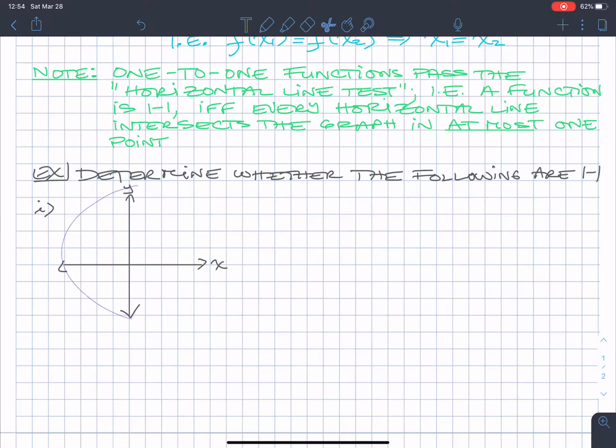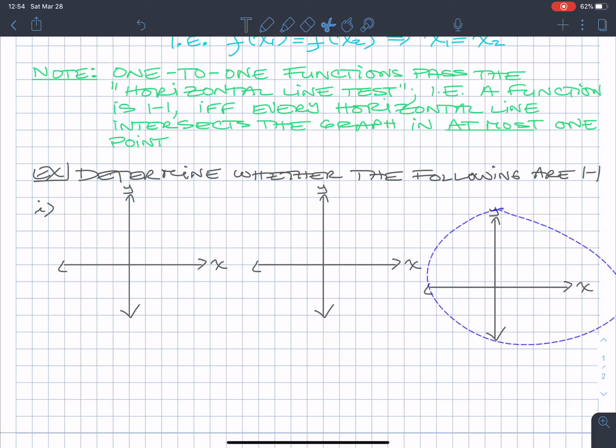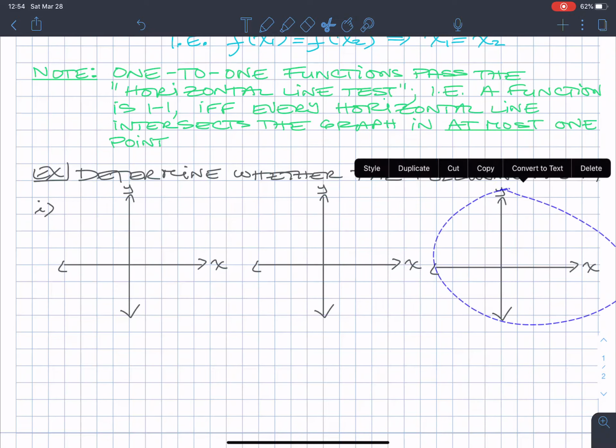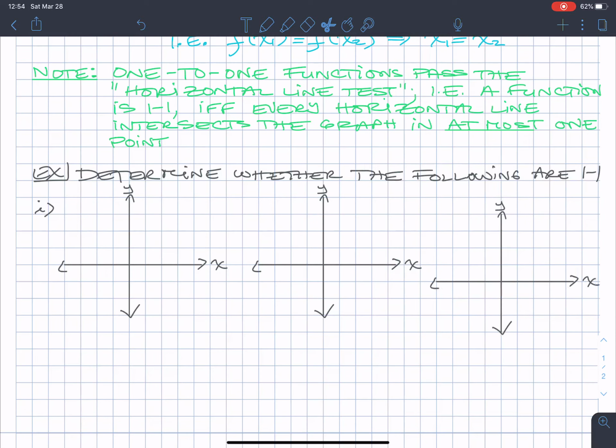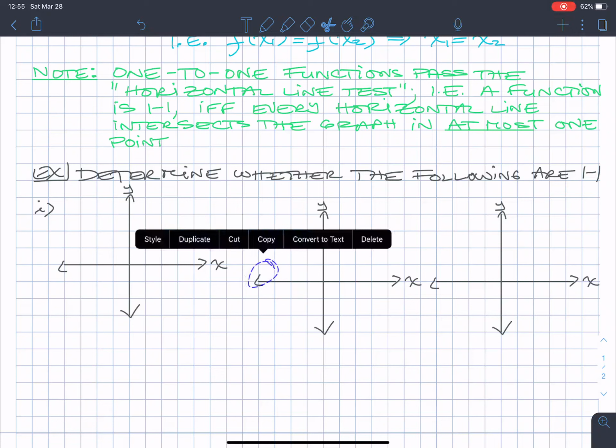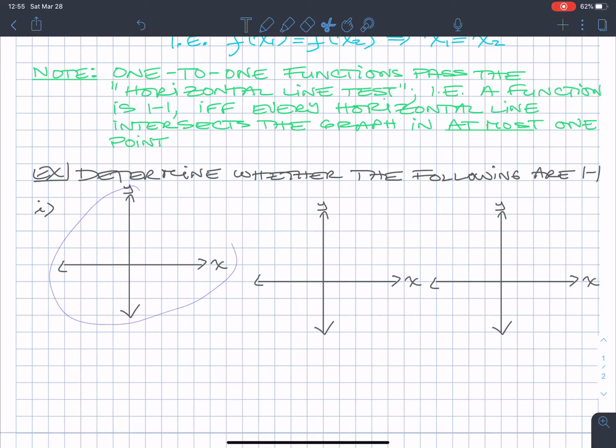I will copy and paste. Looks like I have room for maybe 3. Let's move them down 1, shall we? Okay, so what do we have? 1, 2, and 3.